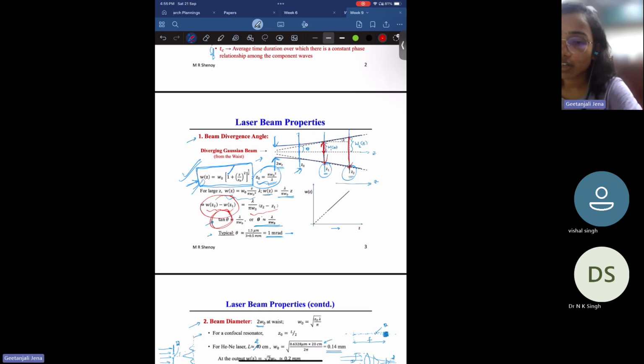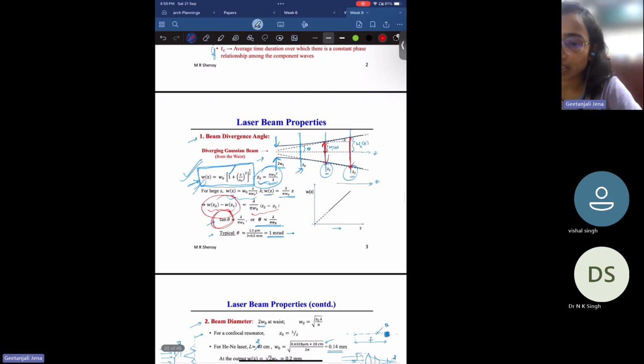And if you are taking a laser that has smaller divergence angle, that means theta is small. So for this case, we can approximate tan theta as theta. So theta will come around lambda by pi W0. If you put some practical parameters, let's say lambda as 1.5 micrometer, pi as 3, and W0 as 0.5 millimeter, then theta will come around 1 milliradian.